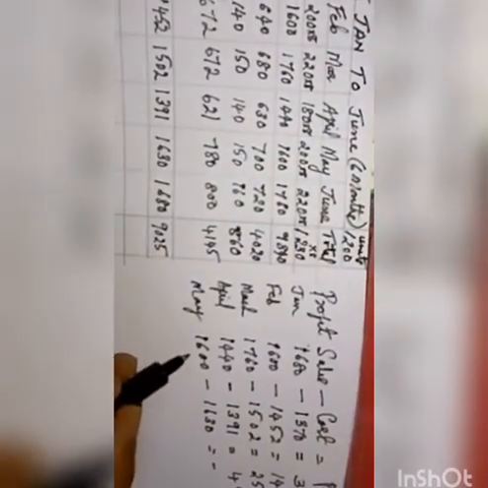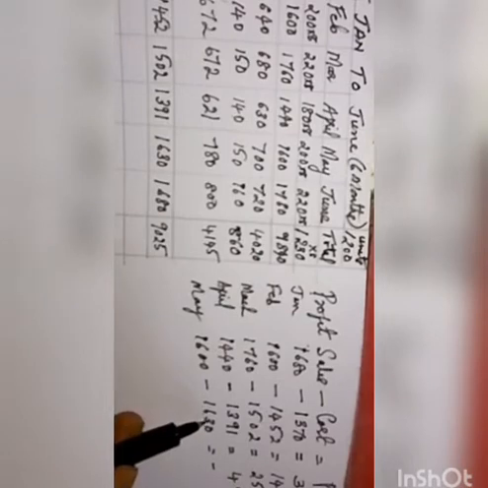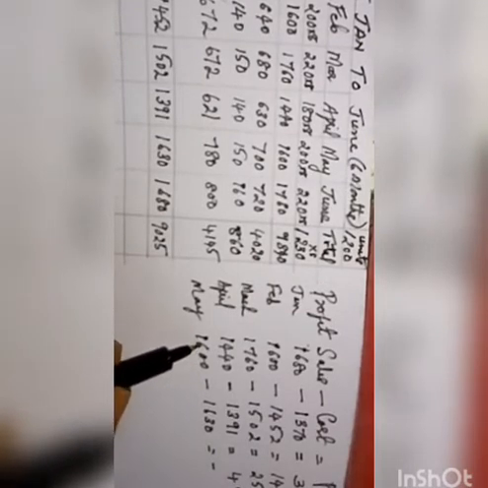May month sales is 1600 minus cost 1630. So here it is loss, there is no profit, because cost is more than the sales. Cost is 1630 and the sales value is 1600.